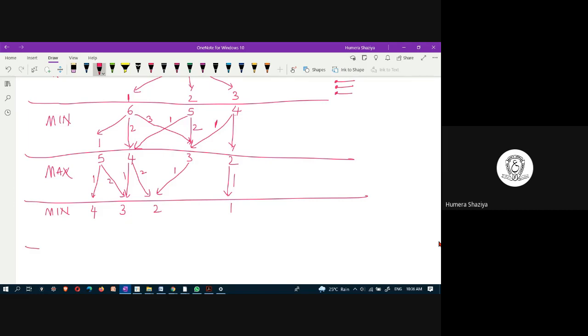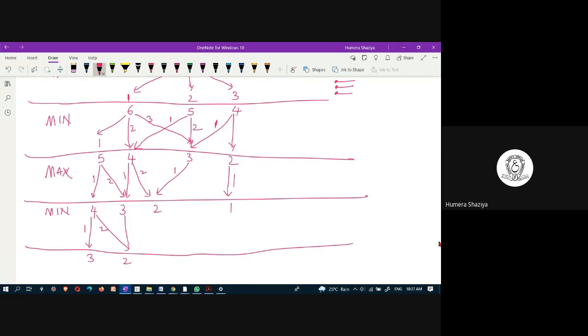Next it is Min's turn. What could Min do? Out of 4, Min would have two options. It can pick 1 or 2. If it picks 1, 3 will be left. If it picks 2, 2 will be left.